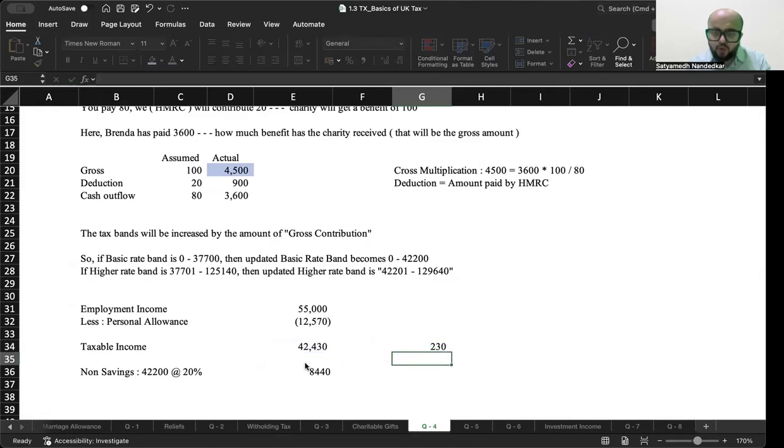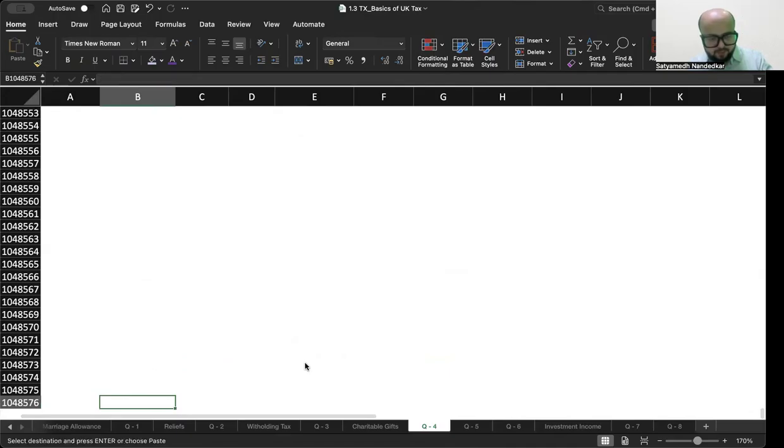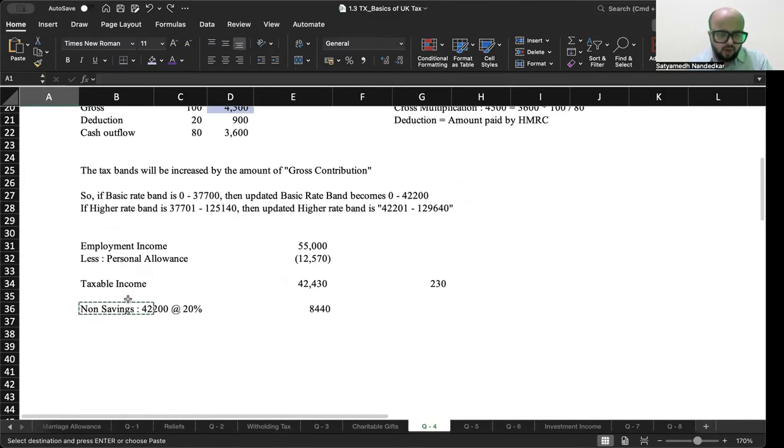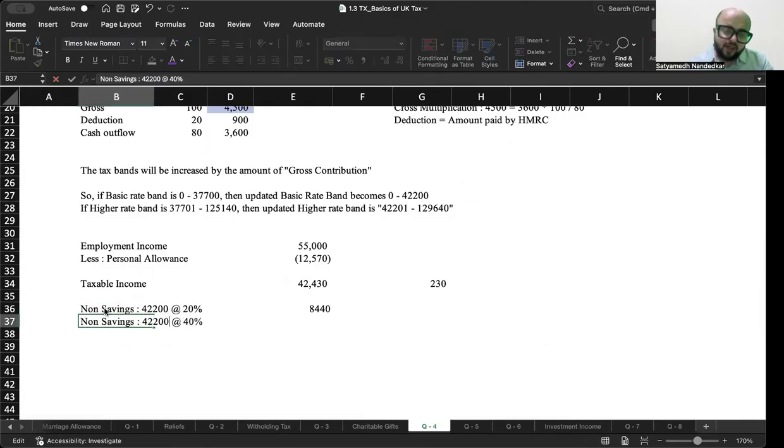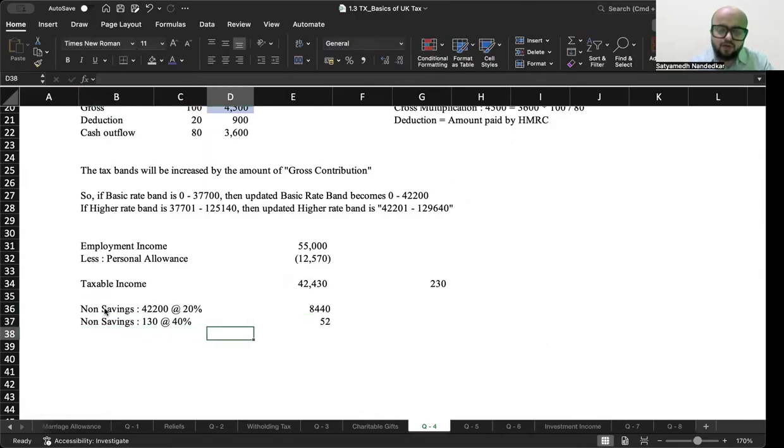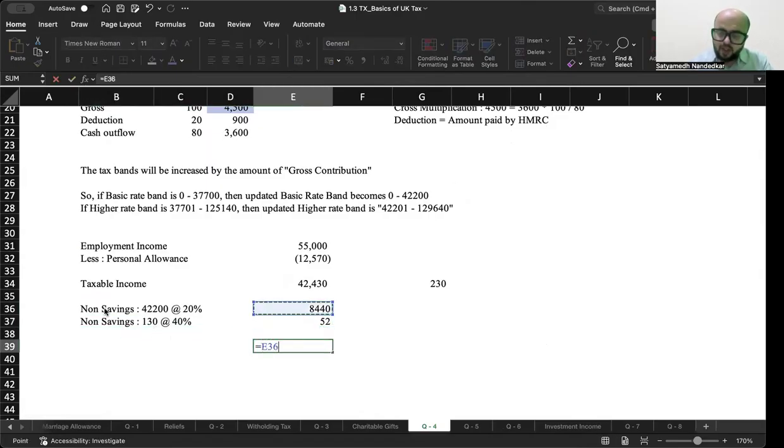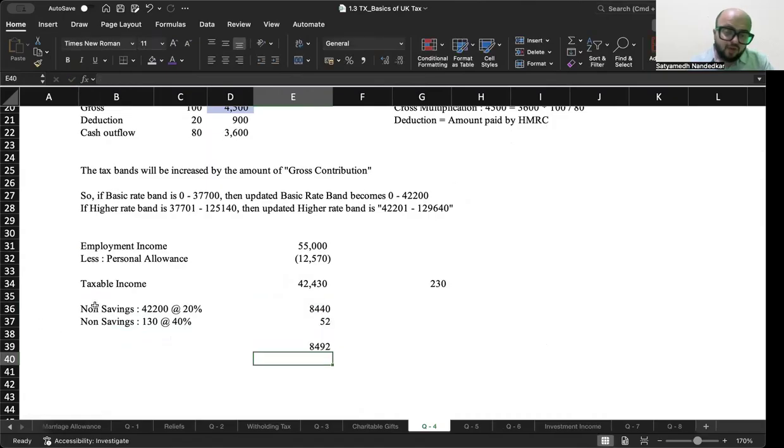Out of that, 42,200 got taxed in the basic rate band. So 130 is left that will get taxed in the higher rate band. Now imagine if there was no extension of bands, what would have happened?